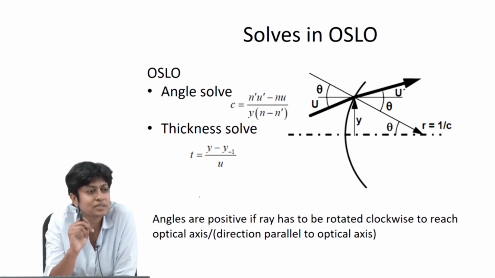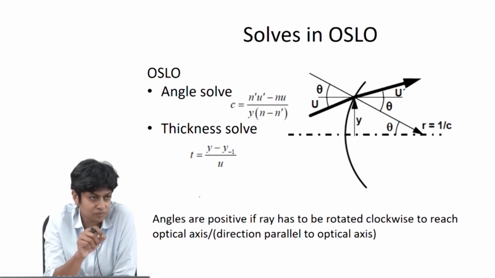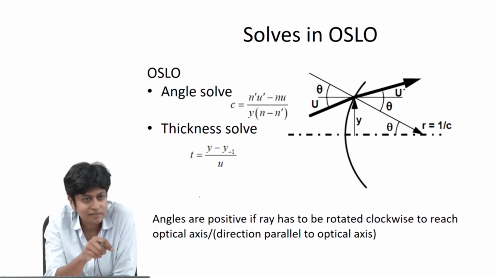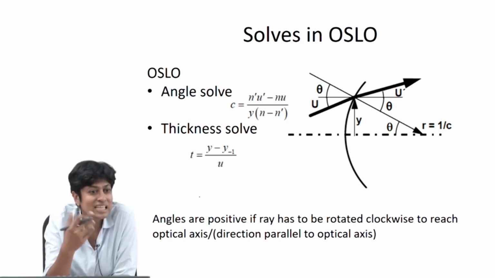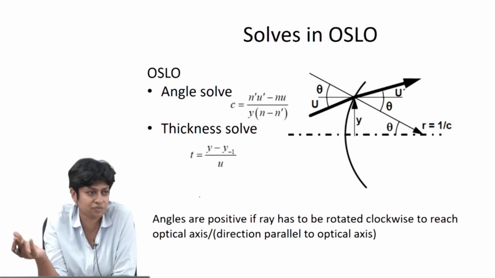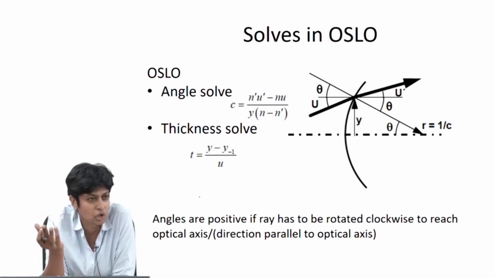But sometimes it's convenient if you are able to tell OSLO to calculate a value and say please assign the value for the curvature or for the thickness such that the ray does something specific. The act of doing that is called using a solve in OSLO, and there are two solves that you will use very commonly.